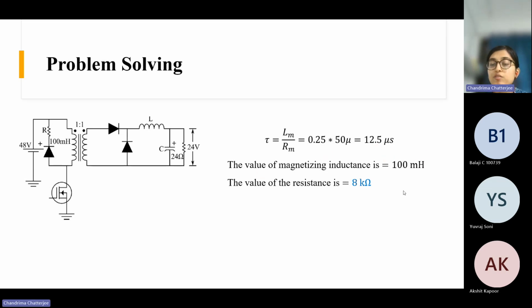If you have the tau value and you already know the value of Lm, you can find out the value of R, which is 8 kilo. This is very straightforward, right? So you don't need the output voltage or the input voltage value or anything. This is just a very small numerical.